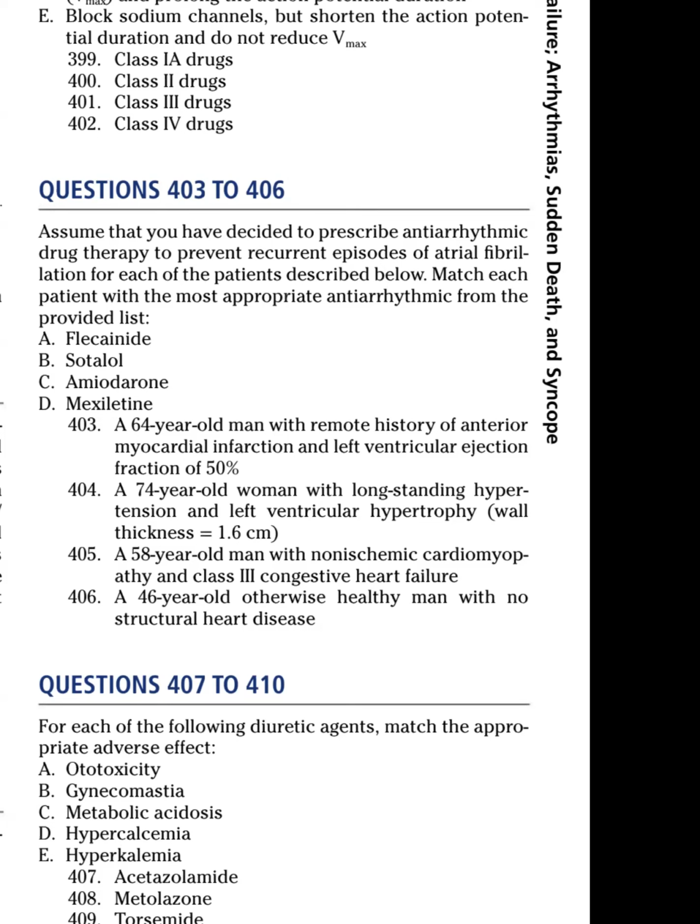That's for flecainide. For sotalol, it's just a recap from yesterday. We have been told yesterday, sotalol is a class 3 drug, and what class 3 drugs mainly do is to block potassium channels and they prolong repolarization. Same goes for amiodarone, which is a class 3 drug. Then we have mexiletine. I think we were told yesterday that that's class 1B. Yes.